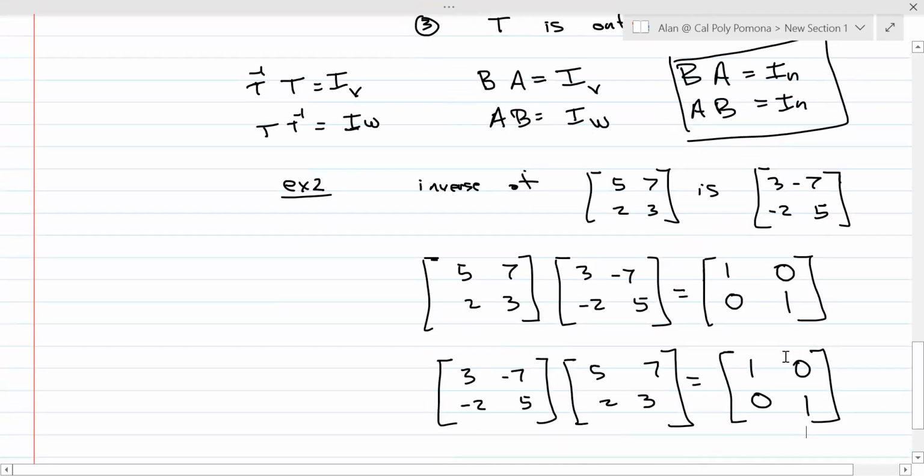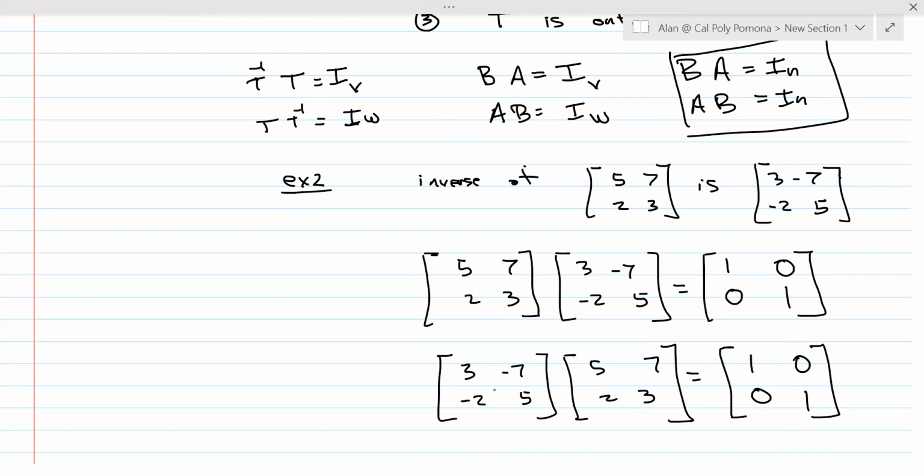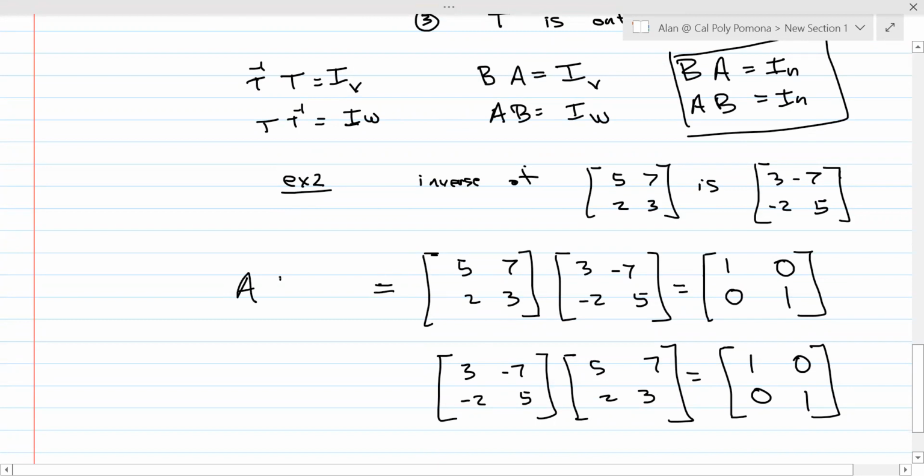Here's a question. So what does that mean? What this means in terms of matrices is, let's call this one A and call this B. What we would then want to say is that this B is really what? The inverse of A, if you like.